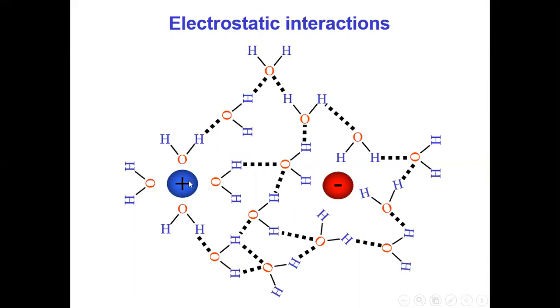But, for example, if we look at this part of the image, we can see that the full positive charge is surrounded by water molecules that do not form full hydrogen bonds with one another. Instead, their oxygen atoms surround the full positive charge.